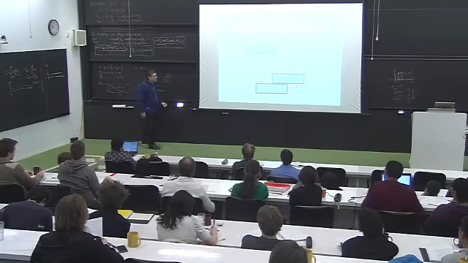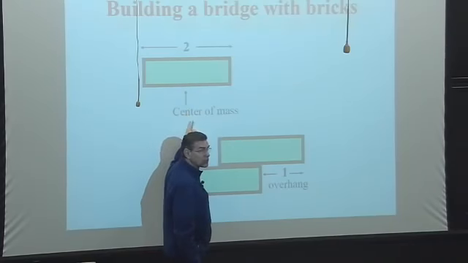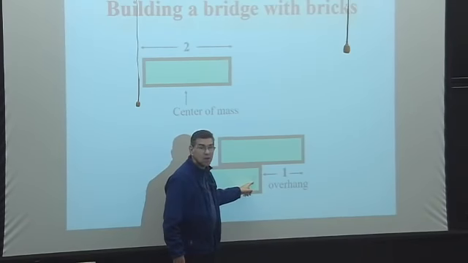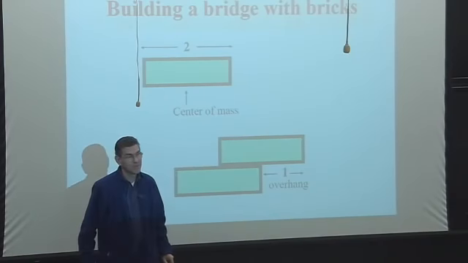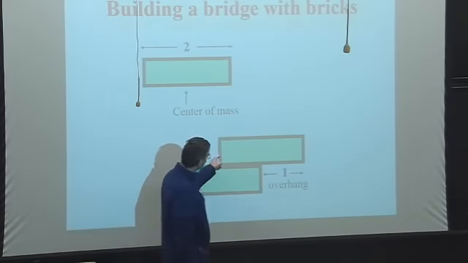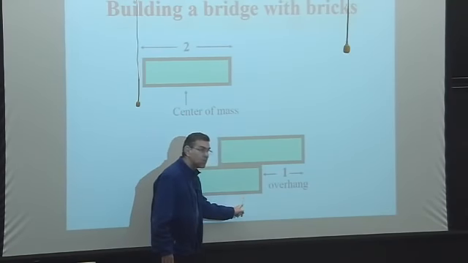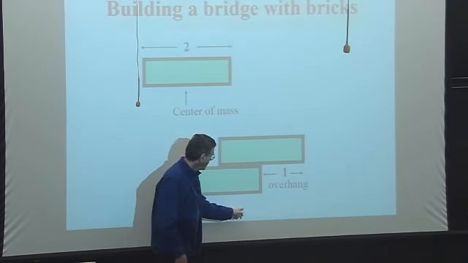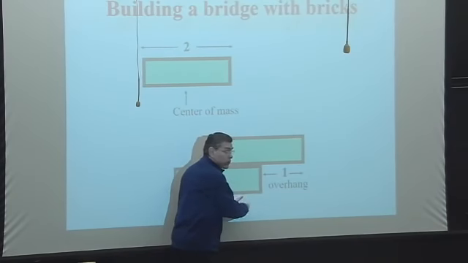Well, let's see. The center of mass of this brick is right in the center. So I could put this brick on top of that, right? And now I get an overhang of 1 inch. Now the center of mass of this object is right over here. You can just see by symmetry, the center of mass is here, which is 1/4 of one brick. So the distance to the center of mass here is 1/2.